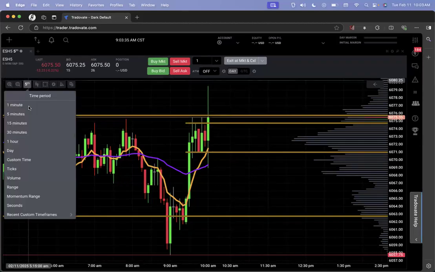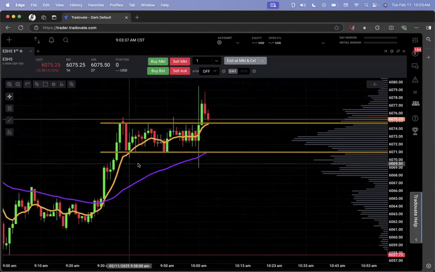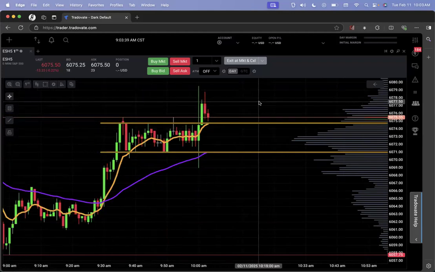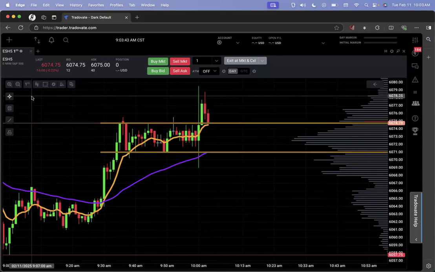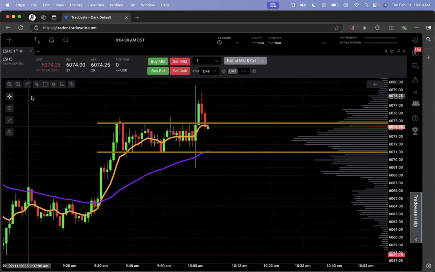Let's check the 1 minute chart. Coming down. Now, are we going to hold this 9 EMA? We got 10 seconds left on this 1 minute candle. They might retrace this whole thing, y'all.